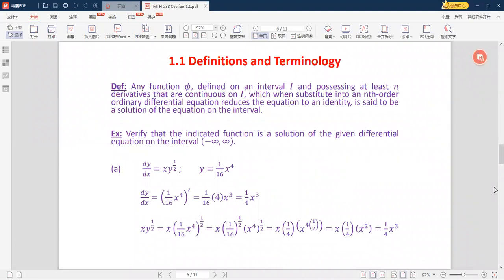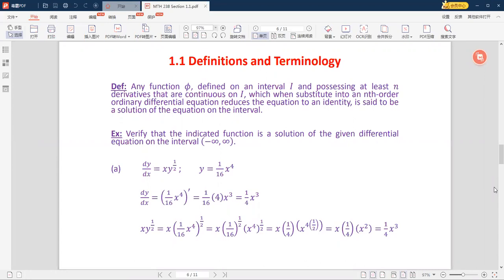So we have a function phi. It has nth derivatives, and the derivatives of the function phi are continuous. That's what it means here.